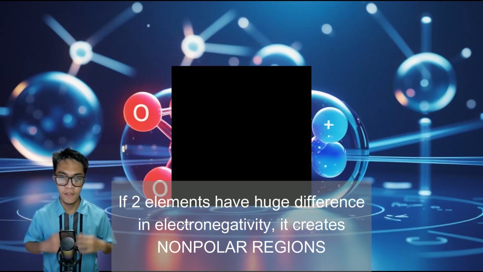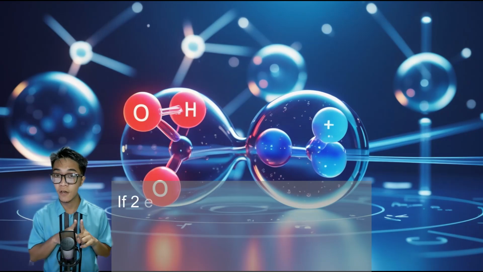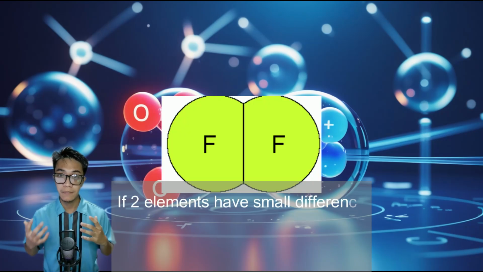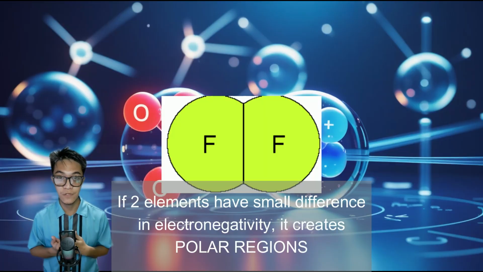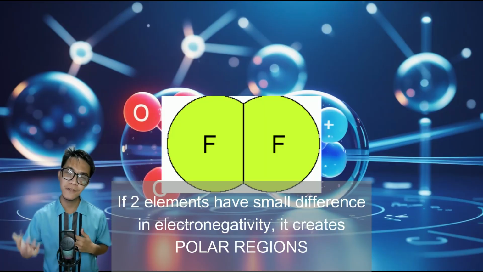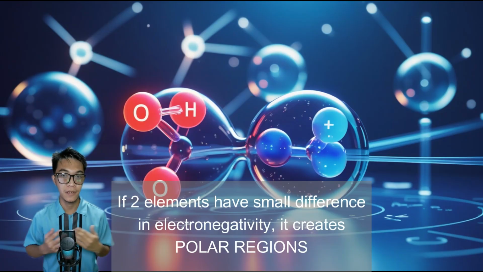But if their electronegativity values are close to each other, then they are close in terms of power, and the distribution of electrons is balanced or equal between them because there's not that much difference in their electronegativity values.